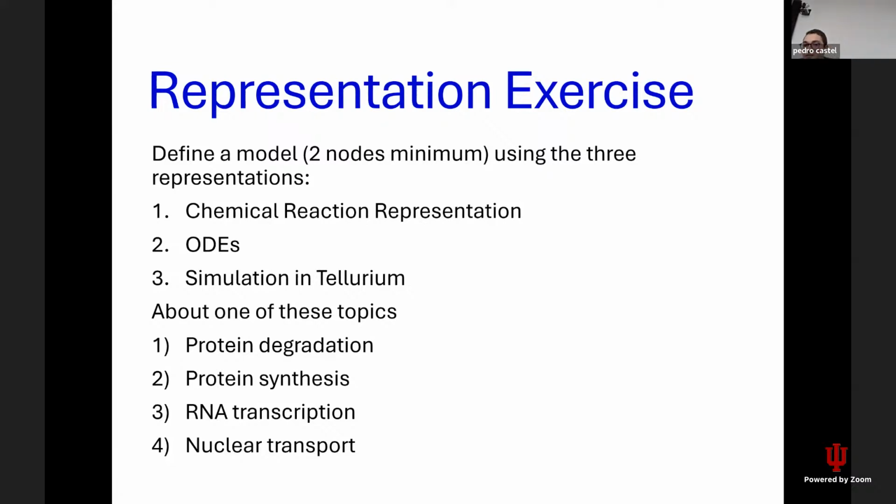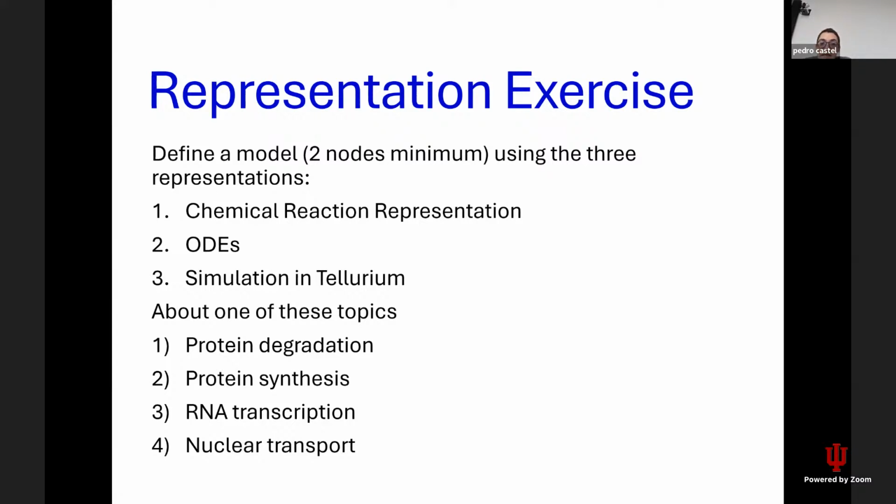Represent it chemically in a chemical reaction, represent it as an ODE, and write it in Tellurium. It doesn't need to run in Tellurium. I mean, if you fail to code it and make it run, that's fine. But at least represent it as a diagram and build the ODEs for one of these topics.